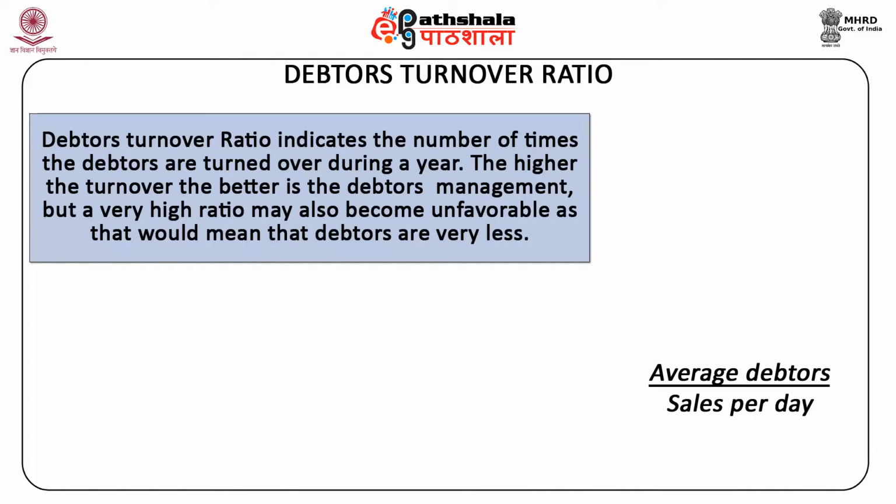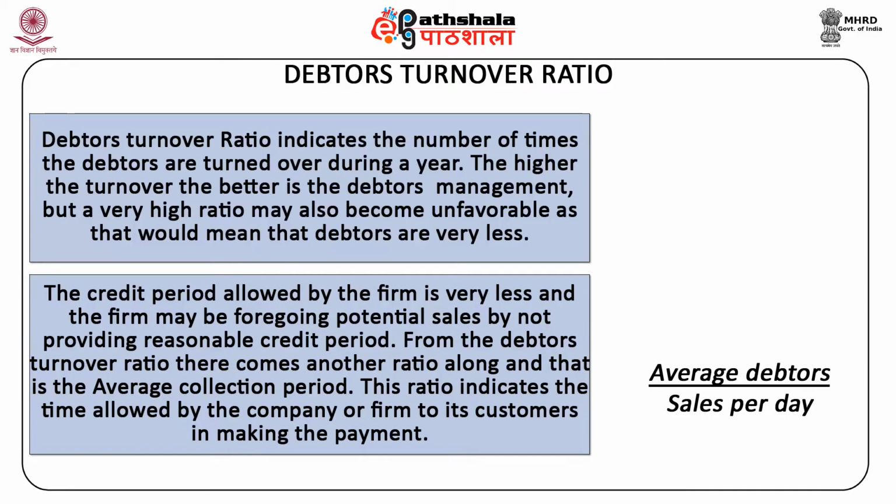Higher the turnover, the better is the debtors management. But a very high ratio may also become unfavorable, as that would mean that debtors are very less. The credit period allowed by the firm is very less, and the firm may be foregoing potential sales by not providing reasonable credit period.